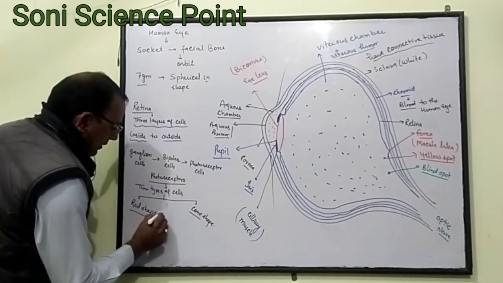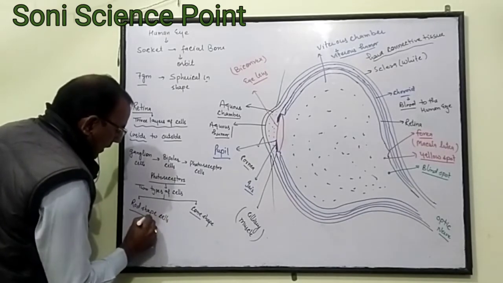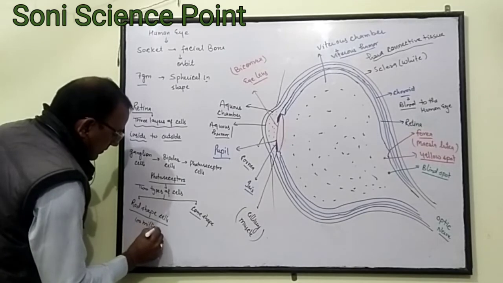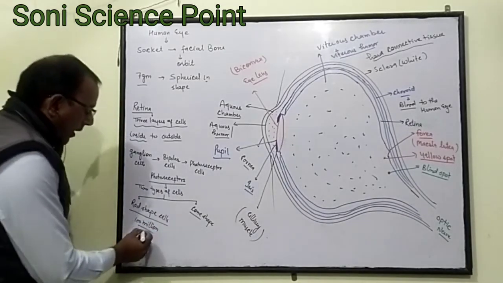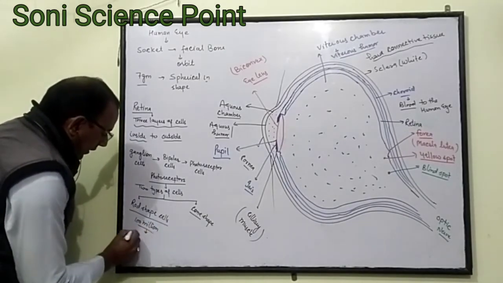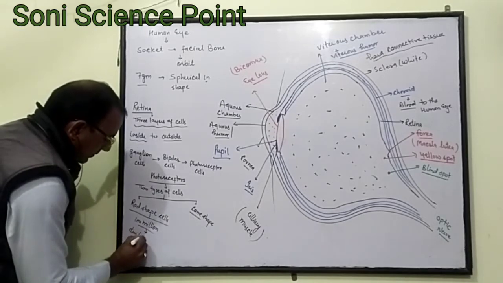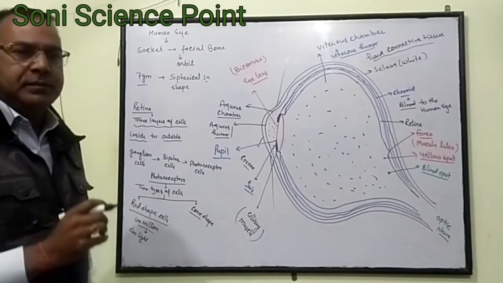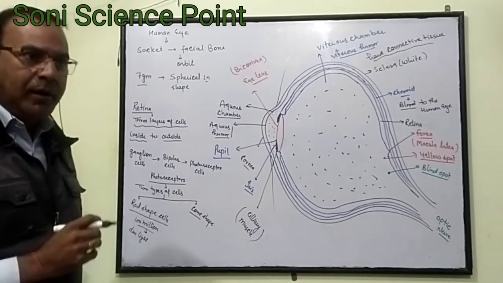Rod shaped cells are present in nearly 100 million, but they act only in dim light. With the help of rod shaped cells, we can see in dim light.